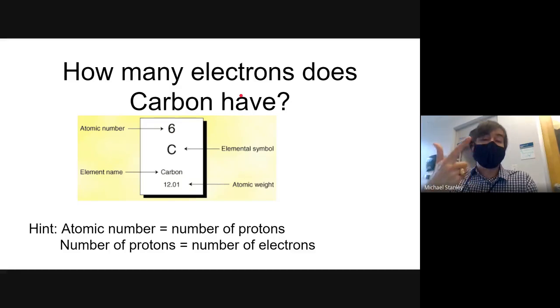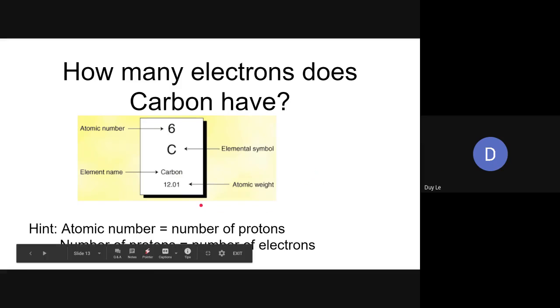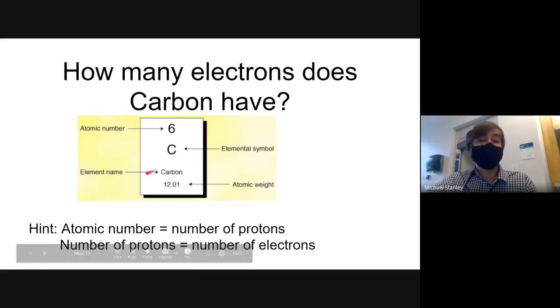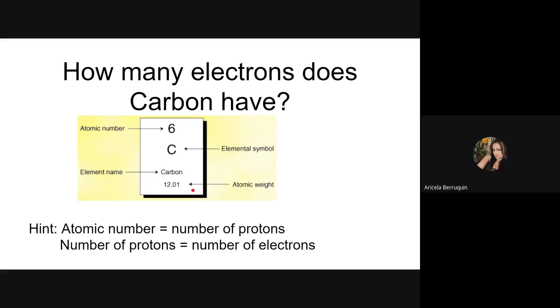So that's protons and electrons, but what about neutrons? How many neutrons are in carbon? 12.01. So not quite. Remember that 12 is the weight of carbon. In order to find the neutrons, you would subtract 12 minus 6. Oh, 6.